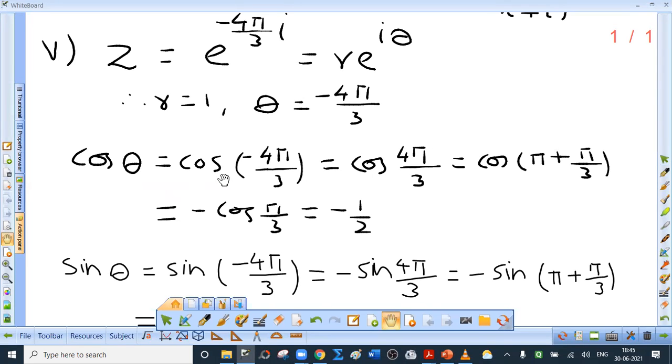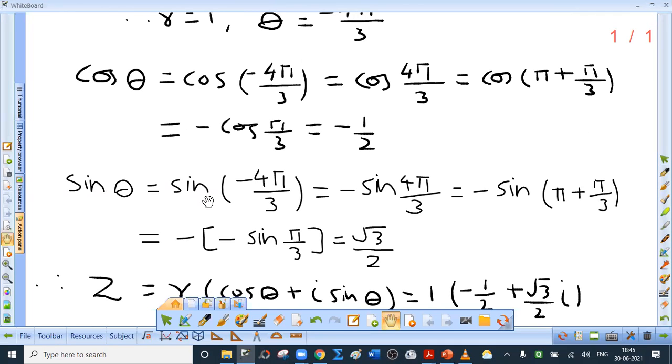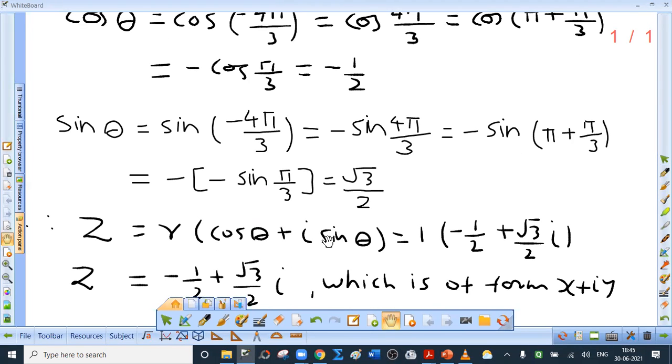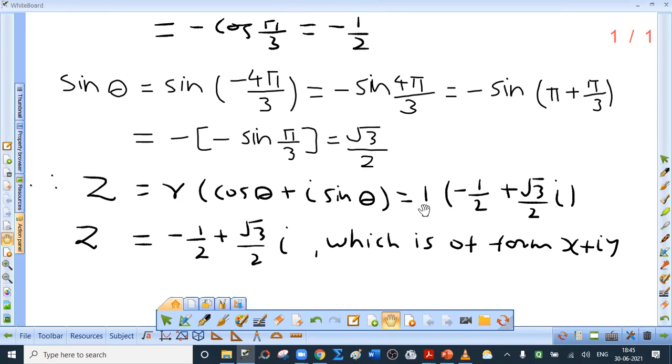So cos theta, that is cos minus 4 pi by 3, comes out to be minus half, because cos of 180 plus theta is minus cos theta, and so on. Sin theta, so sin minus 4 pi by 3, using allied angle formulae, you get it as root 3 by 2. So z is r cos theta plus i sin theta. 1 into minus half plus root 3 by 2 i. So minus half plus root 3 upon 2 i.